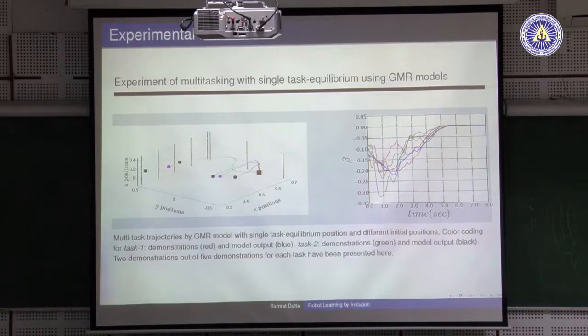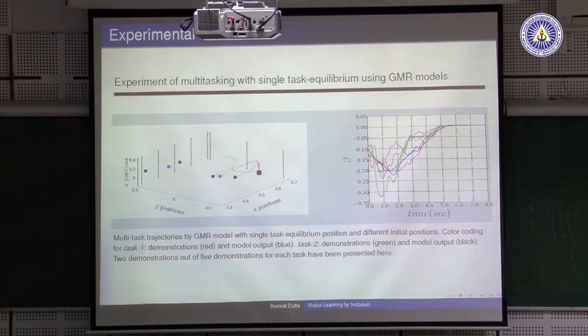These are the starting positions, and this is the target, and this is its energy profile. Here the green and the blue one are the reproduced, and the 2 tasks are represented here, green and black, green and red, sorry. Okay. So, this is one multitasking.